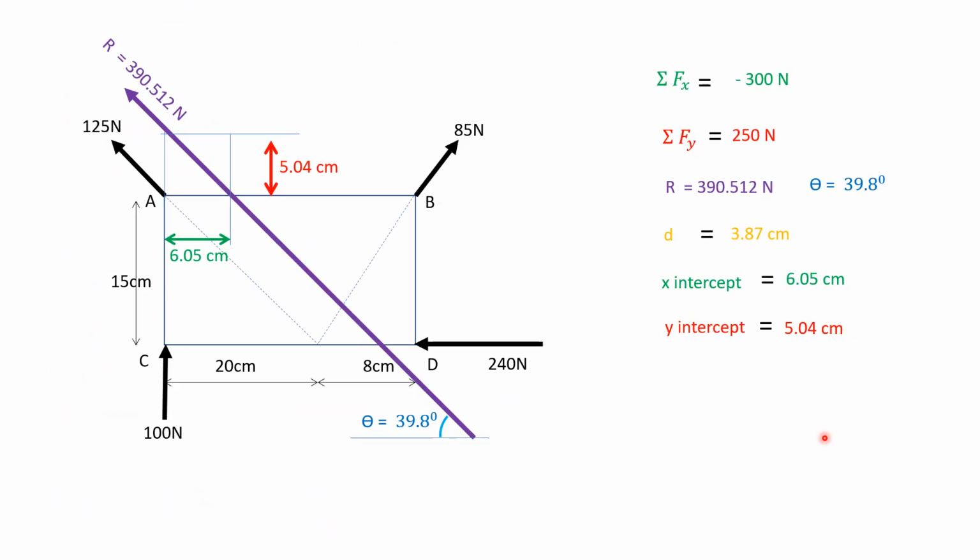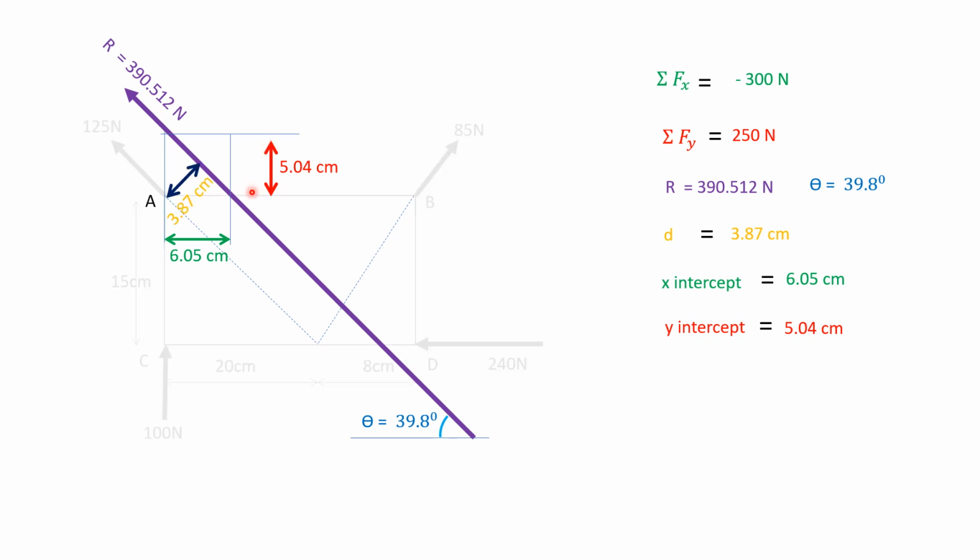Now, locating the resultant, we have the x-intercept 6.05 centimeters from A and the y-intercept 5.04 centimeters from point A, and D will be 3.87 centimeters from point A. The resultant is 390.512 newtons, making an angle of 39.8 degrees to the horizontal.